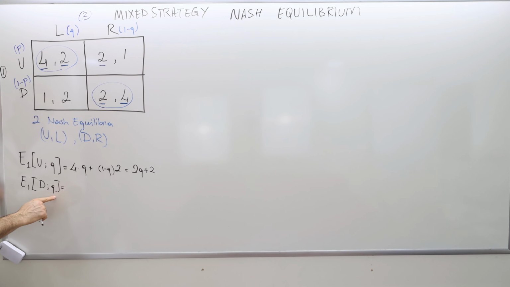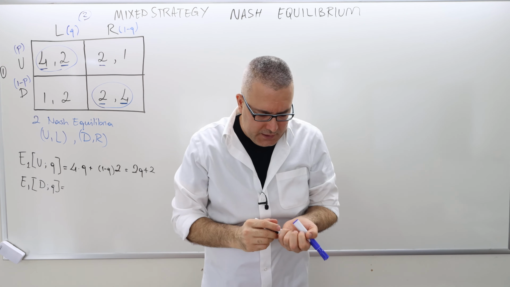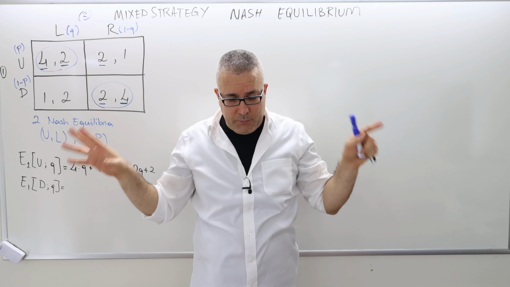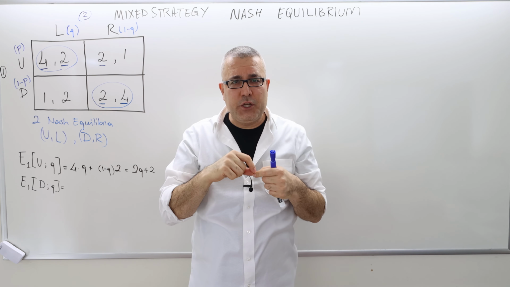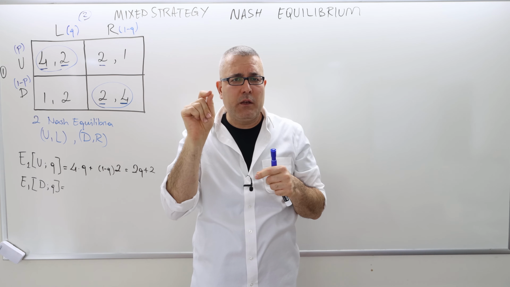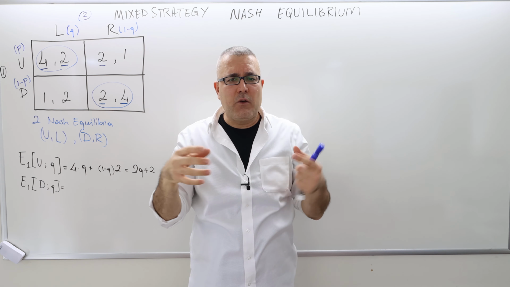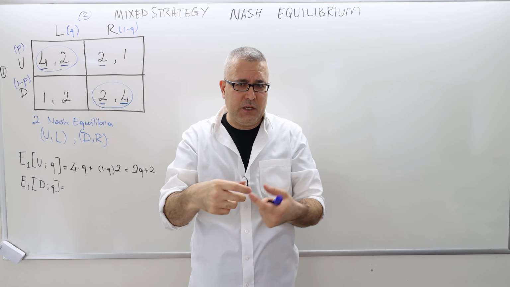Again, here's the intuition. These players get together in separate rooms. They simultaneously choose a number. Player 1 chooses some P between 0 and 1, and player 2 chooses some Q between 0 and 1. And they write those P's and Q's on a piece of paper.